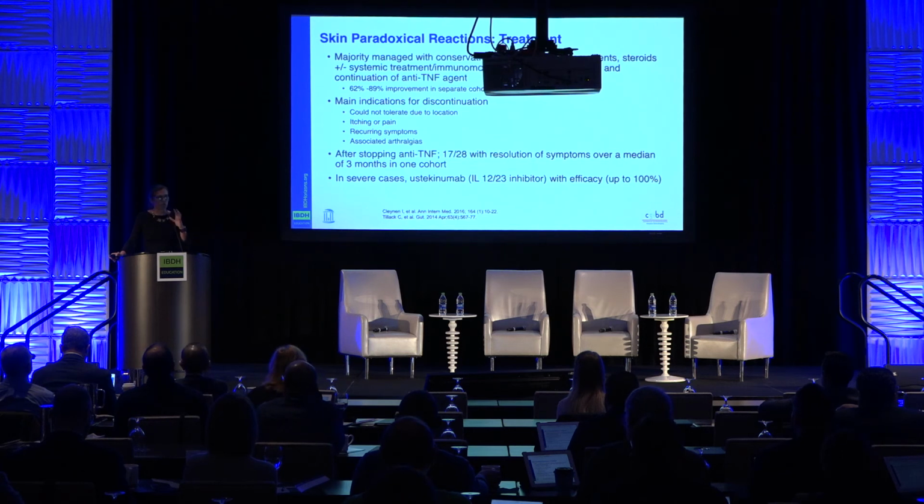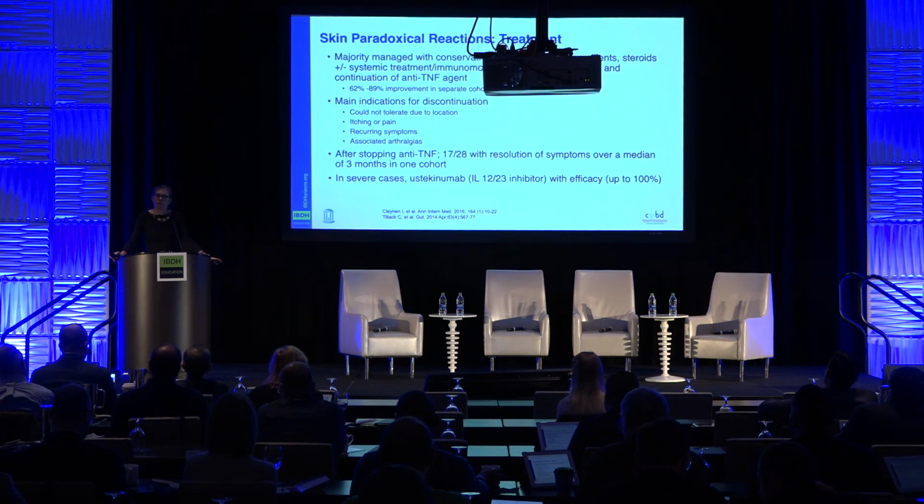The scalp is a terrible place: itching, pain. They can have associated arthralgias with this, and that can also be rate limiting. But I do want to emphasize that after stopping the TNF, the majority, over half, do have resolution of symptoms over the following 3 months. But an IL-12/23 inhibitor, as Anita presented earlier, can have efficacy, and in some series up to 100%.